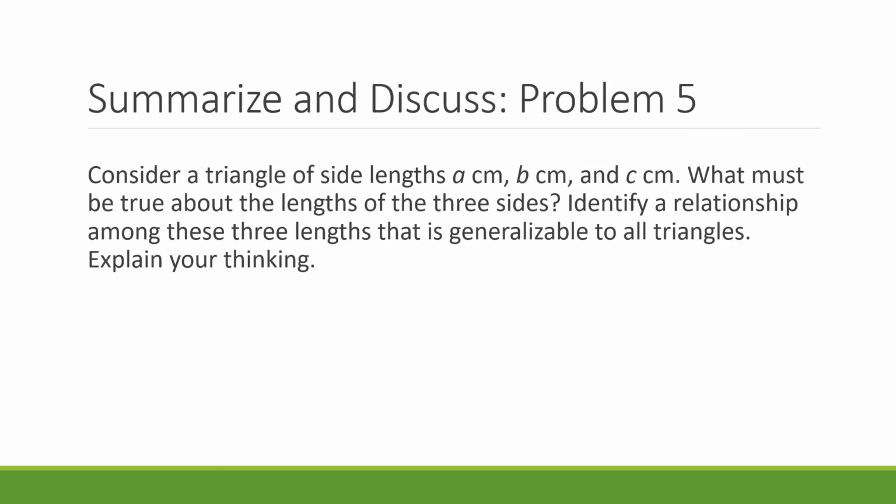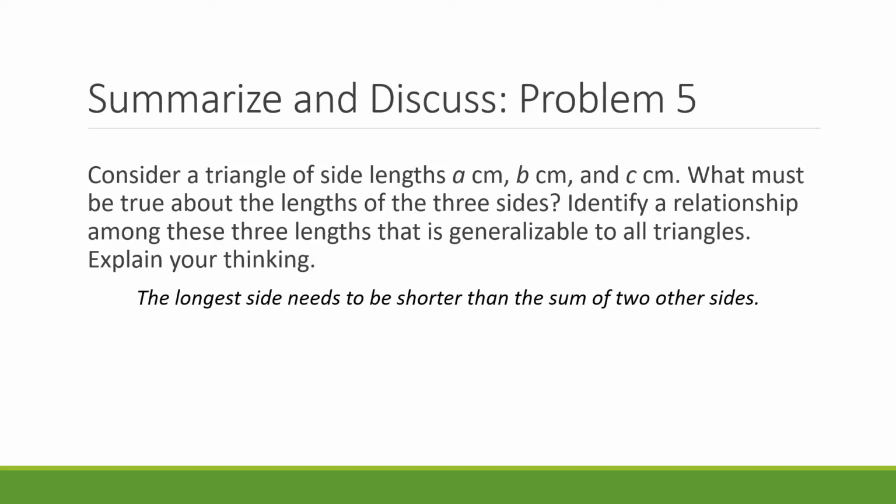So let's summarize what we just learned by applying the relationship to a triangle whose side lengths are A, B, and C. How can you write this as a mathematical formula? Using ordinary words, we know that the longest side needs to be shorter than the sum of the other two sides.